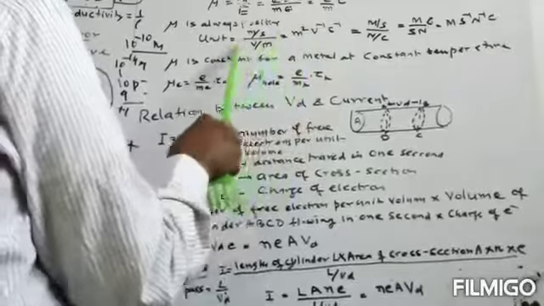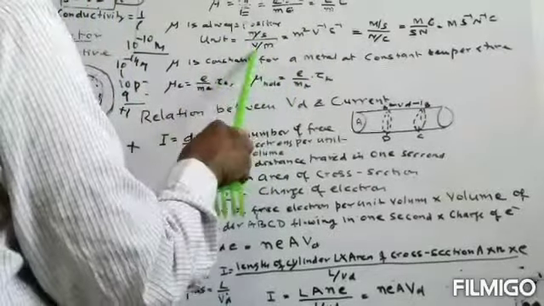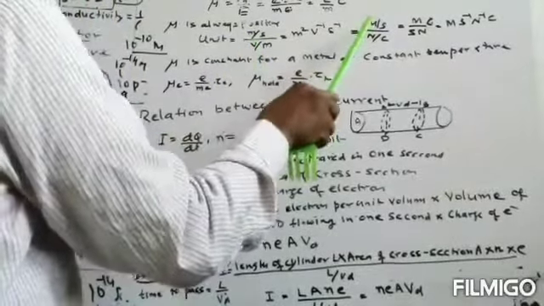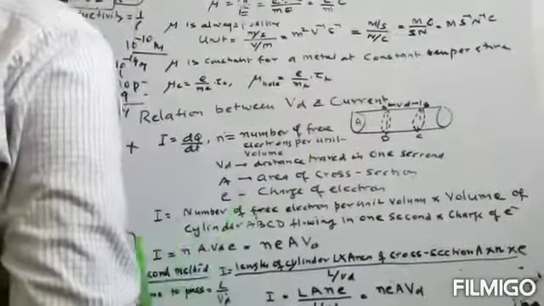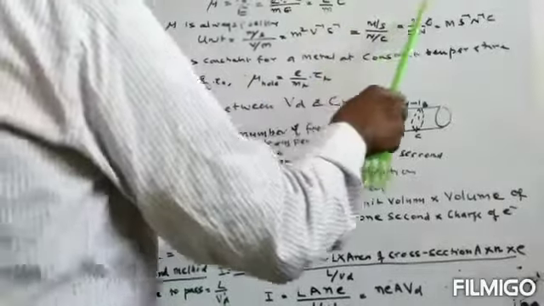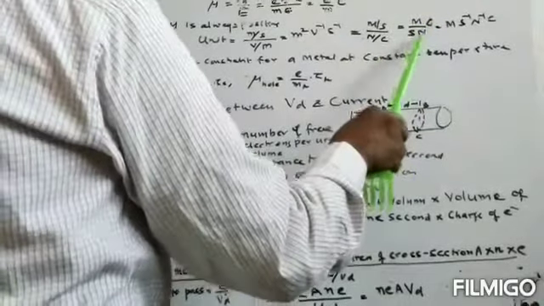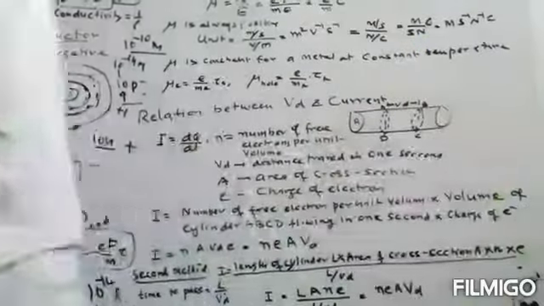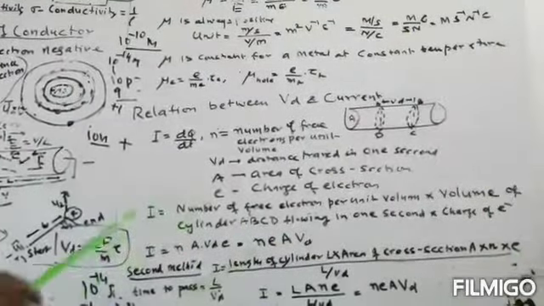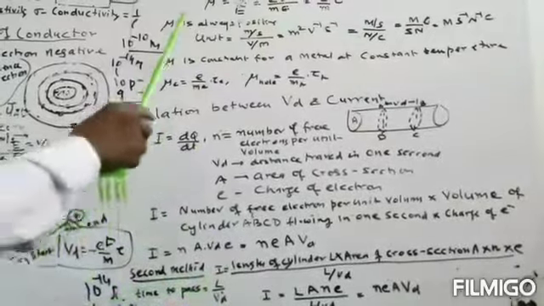We can also write electric field as newton per coulomb. So it will be meter per second divided by newton per coulomb, which equals m into c divided by s into n. So we can have the unit of mobility like this.